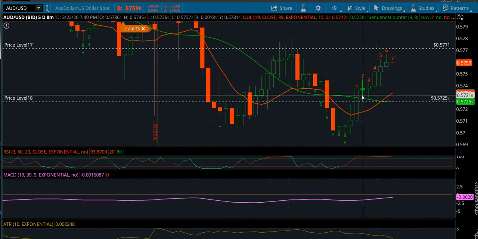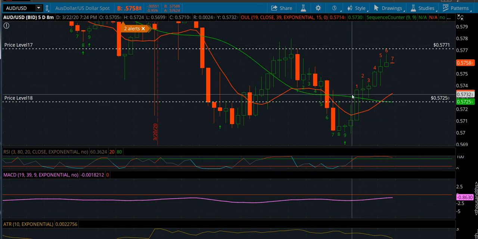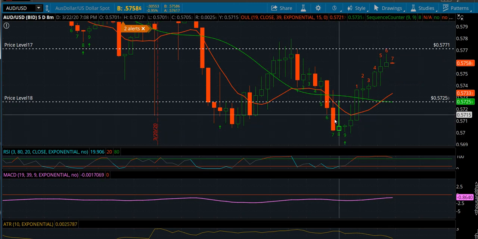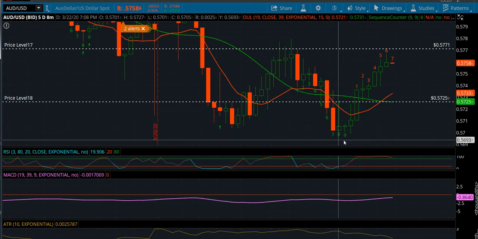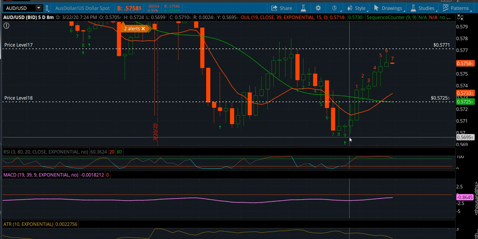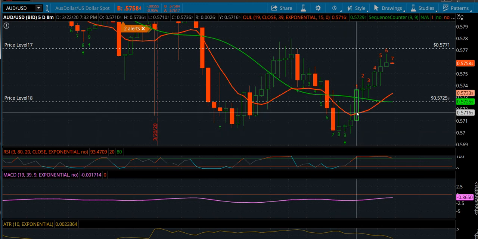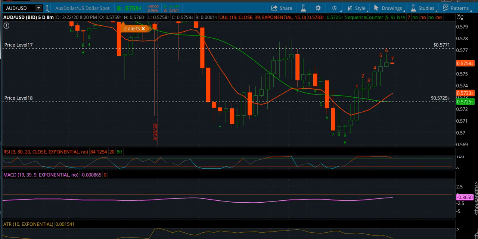I'm not really worried about these right now. I could actually care less about these. This is what I was concerned about back here. Right? Because I found a 9 count, got a reversal, got above the red line, and we've been off to the races ever since.